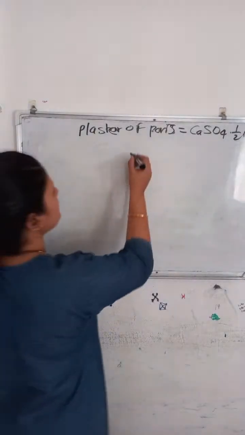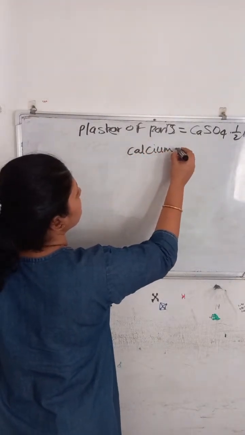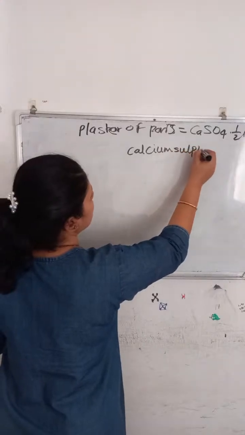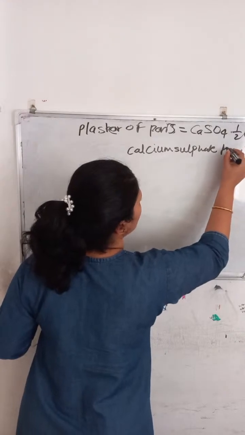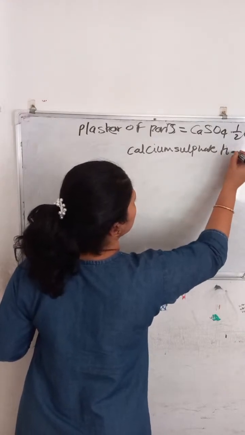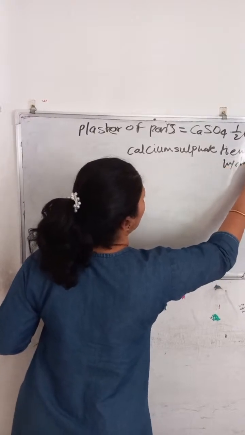This is the formula for plaster of Paris, and it is known as calcium sulfate hemihydrate. Okay, write down this name: calcium sulfate hemihydrate is the name.